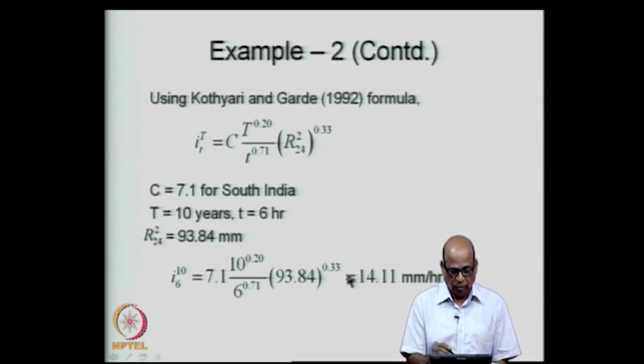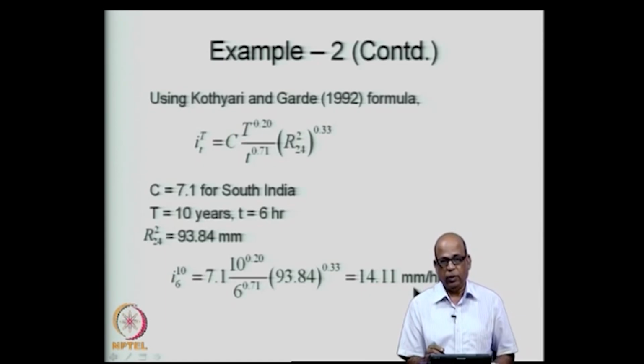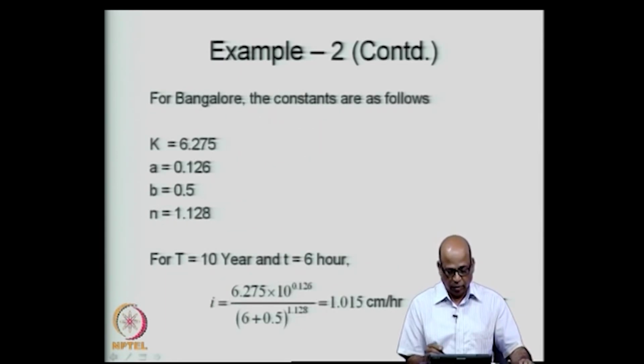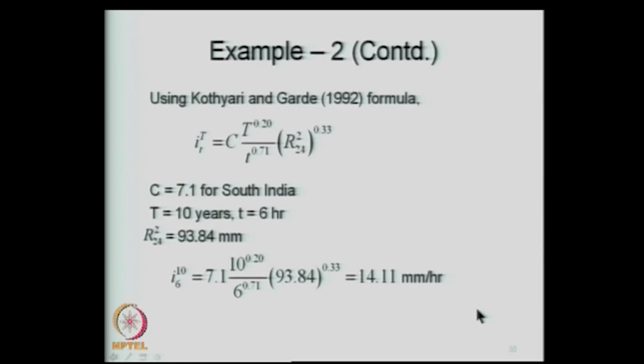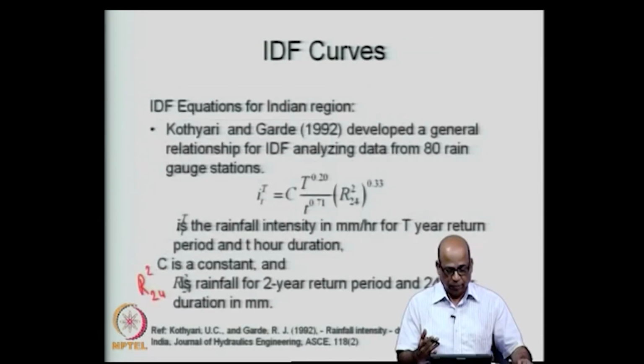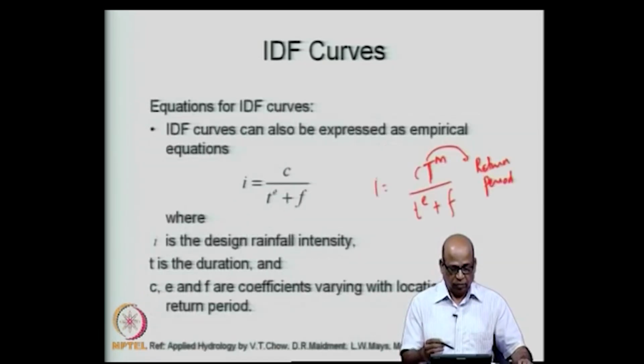When we substitute this, we get an intensity of 14.11 millimeters per hour. From the earlier relationship, we got an intensity of 10.15 millimeters per hour.